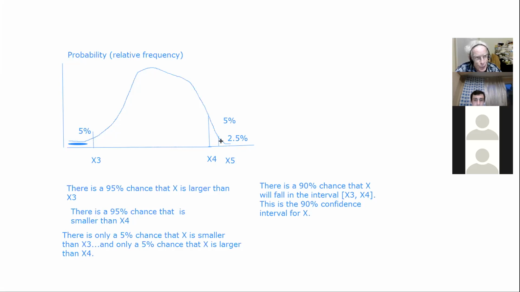That is, this area right here accounts for 2.5% of the cumulative probability. There is a chance of 2.5% that x will exceed x5.